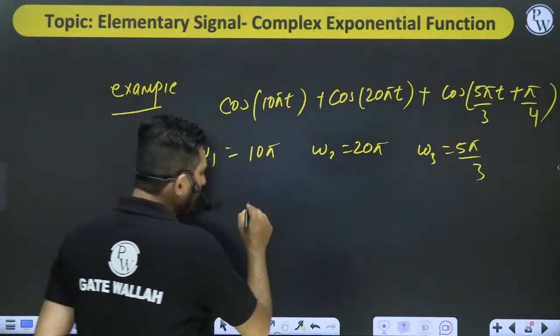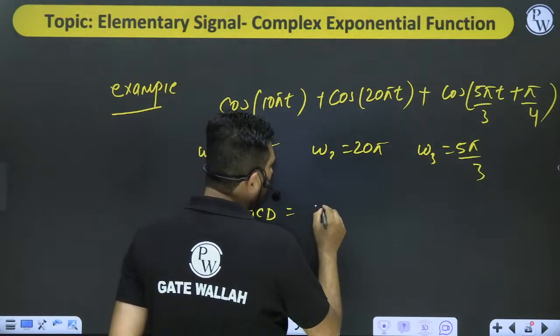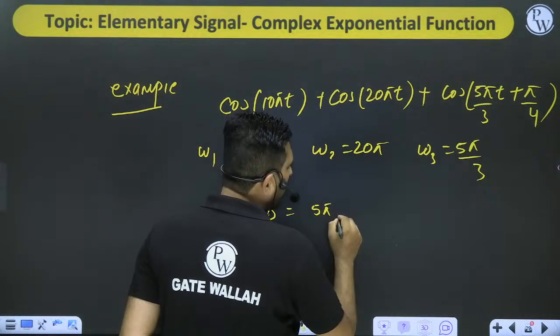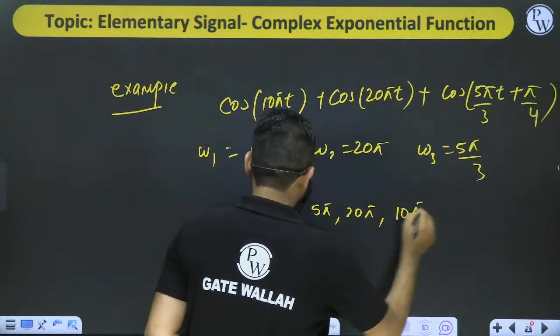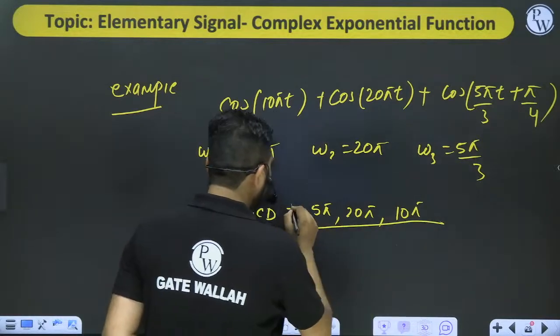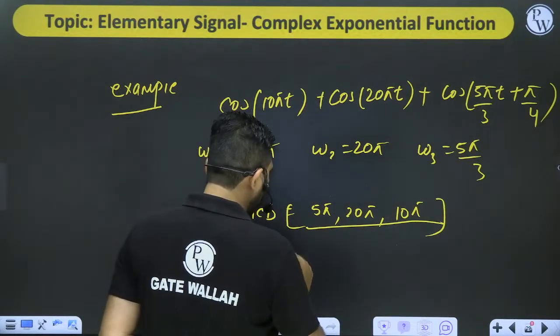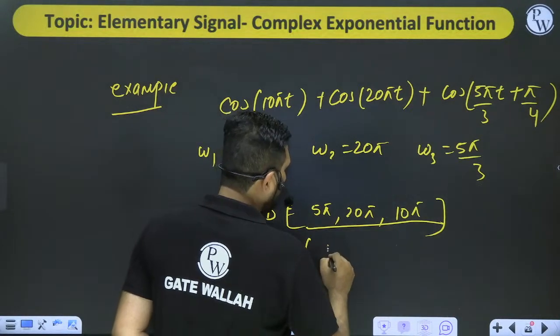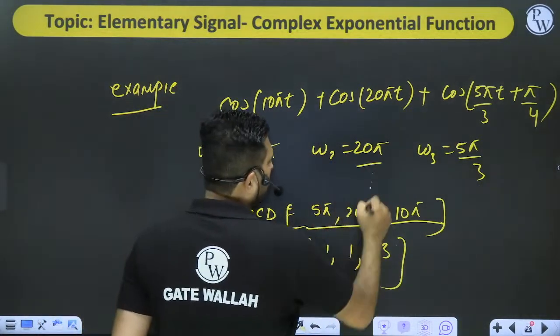So it is the GCD of 5 pi, 20 pi, and 10 pi divided by the LCM of 1, 1, and 3.